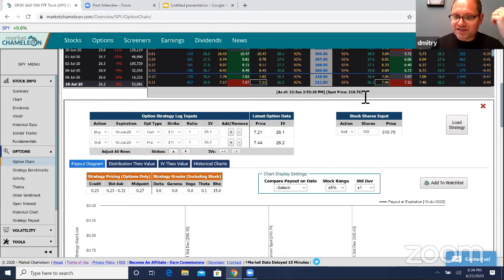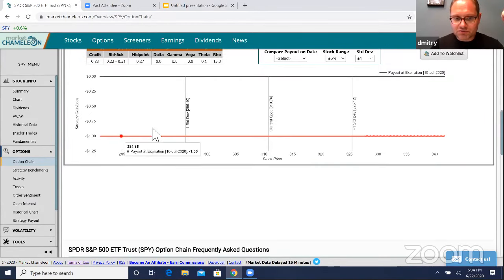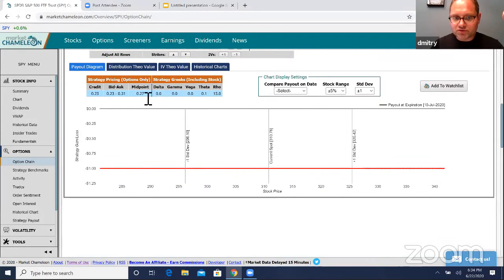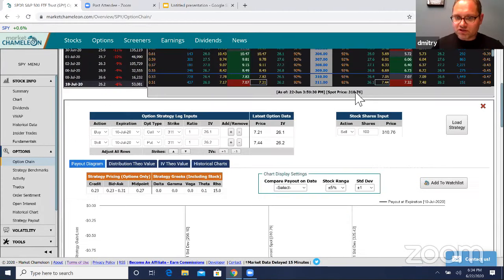We sold it for 310.76. We shorted 310.76. We lost $1. So you would want to do it like 24 cents, somewhere in the midpoint. If this was at 24 cents, that's like buying the stock at 310.76 and selling it for 310.76. Same thing everywhere you go.